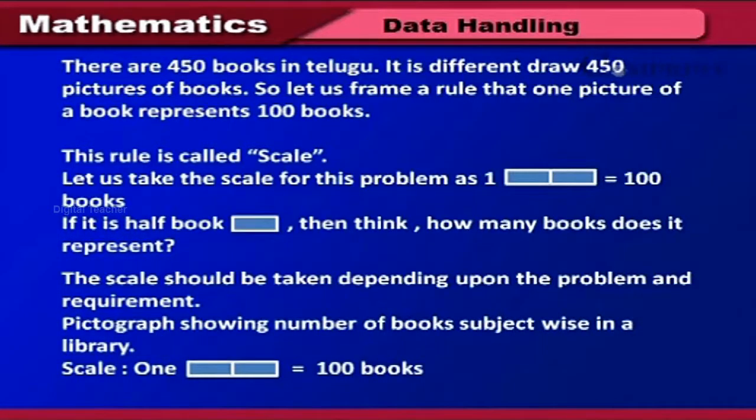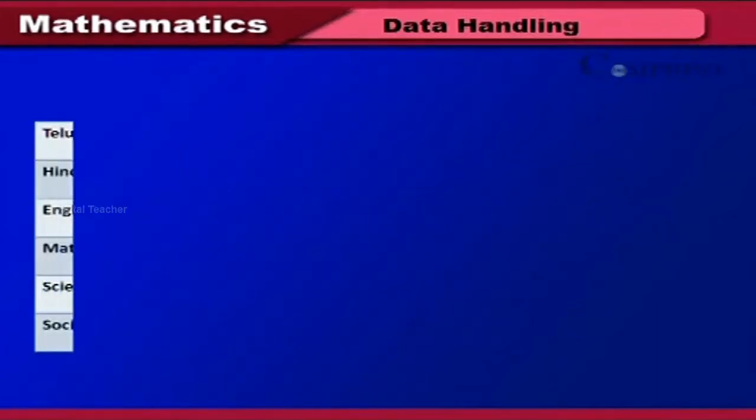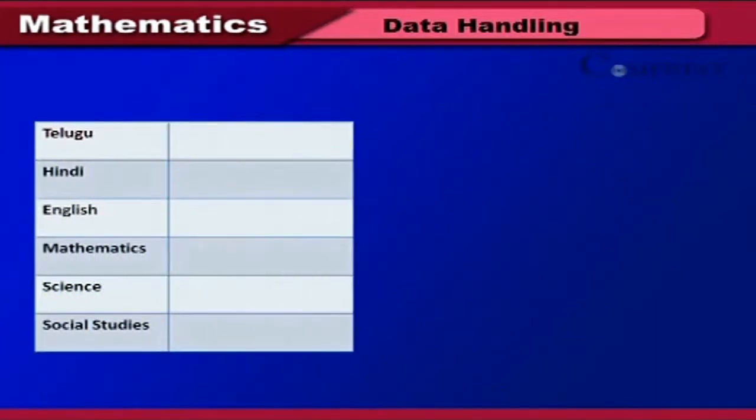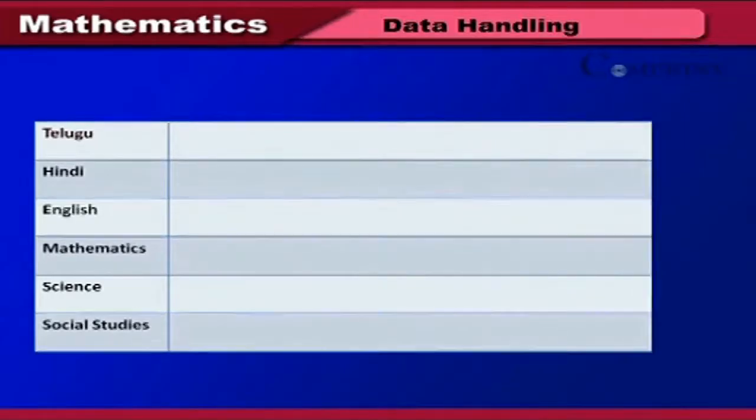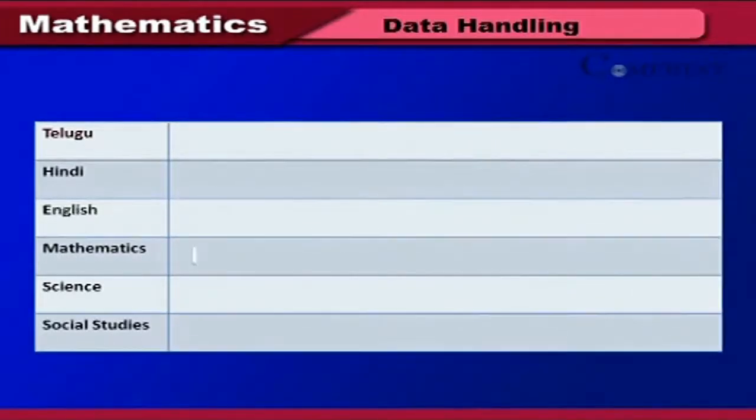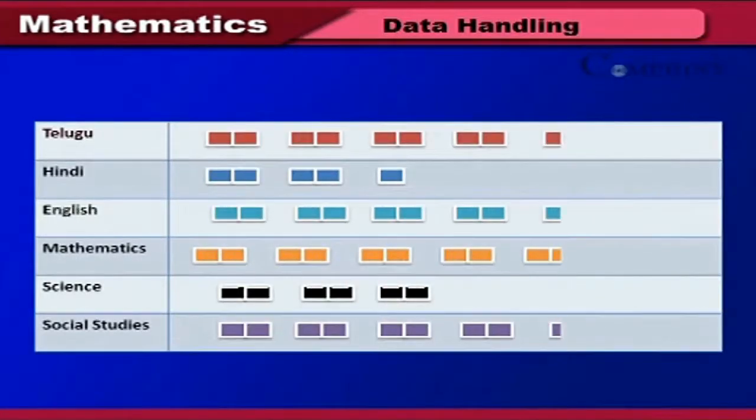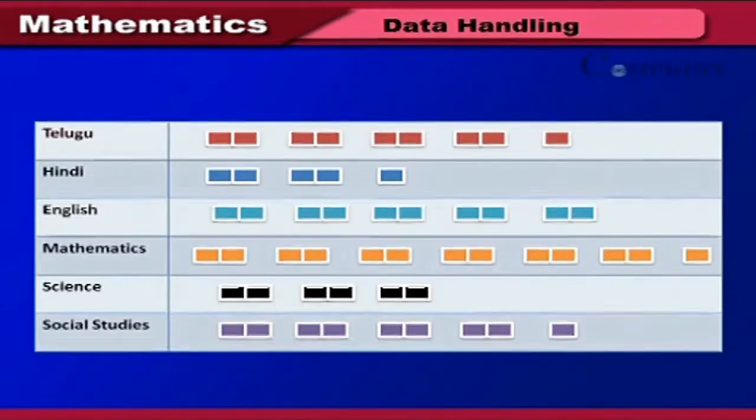Pictograph showing number of books subject-wise in a library is as follows. Telugu: 4 pictures plus half picture denoting 450 books.